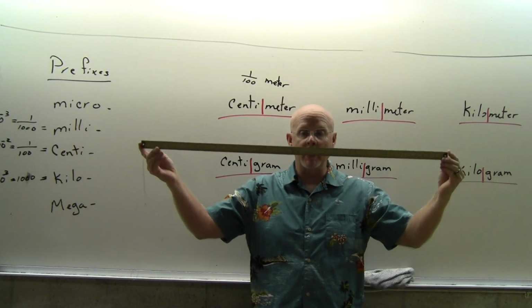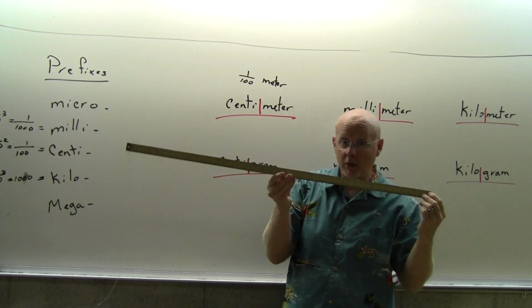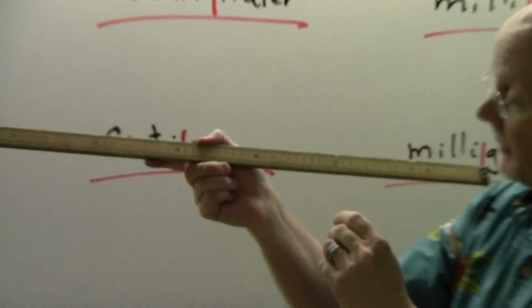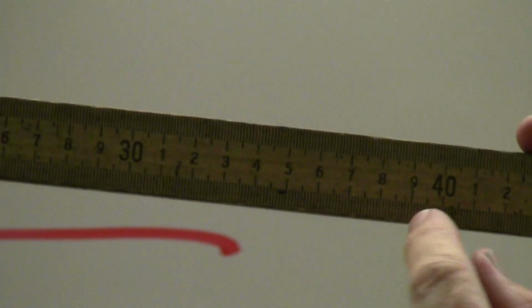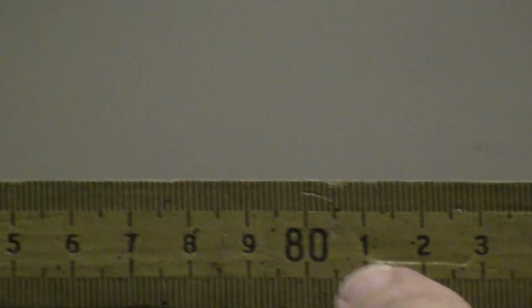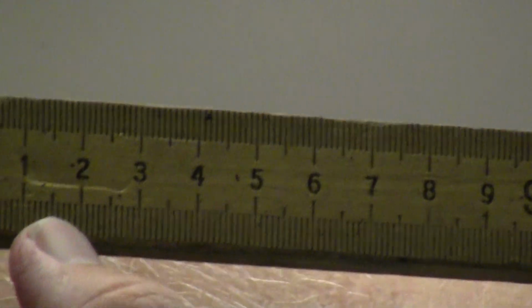And if I turn it this way, and I don't know if the camera will pick up the smaller ones, turn it over here, but they are numbered from 1 to 100 here. And each of those, and I'll just maybe look here from 80 to 81, that is 100th of a meter.